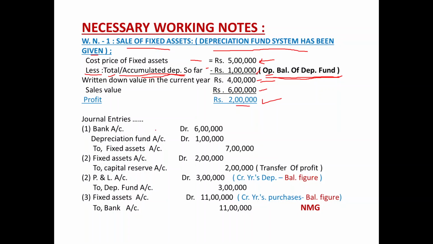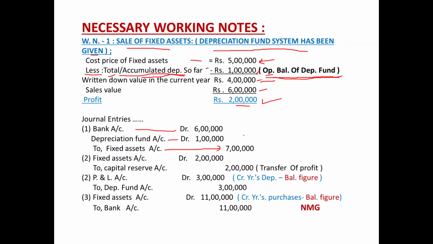Journal entry number 1, bank account debited 6 lakh. Depreciation fund account debited ₹1 lakh. To fixed assets account credited ₹7 lakh. So we credited ₹7 lakh to fixed assets account, the original cost of which was ₹5 lakh.